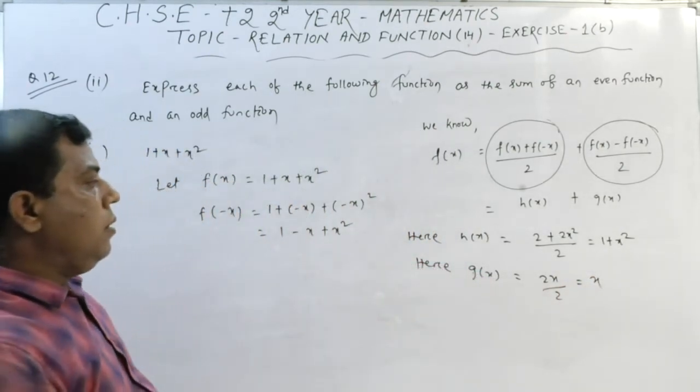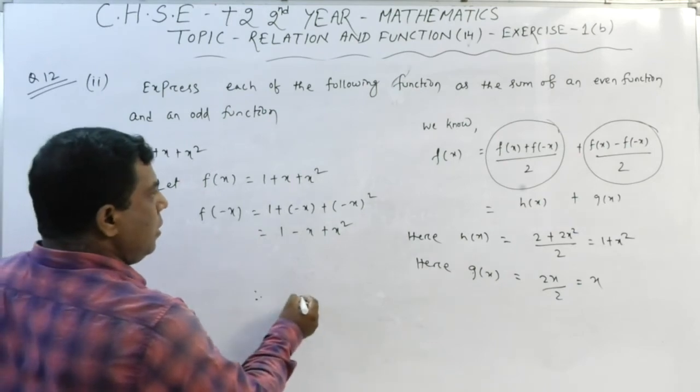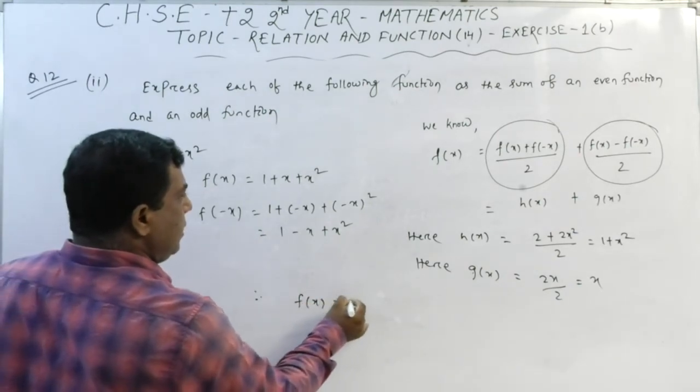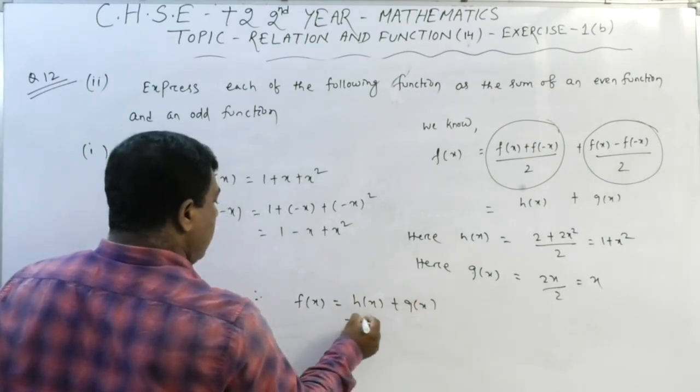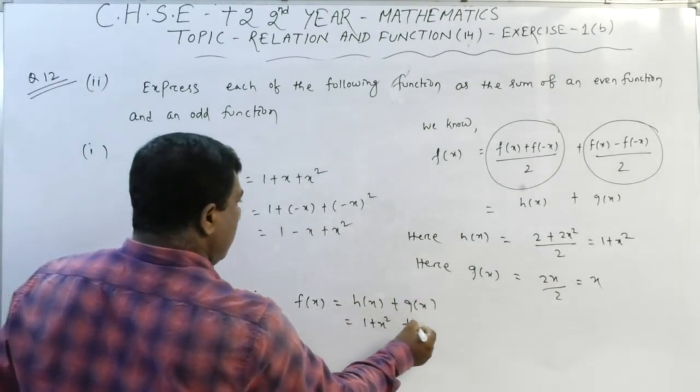Okay. Therefore, f of x can be written as h of x plus g of x, which is equal to 1 plus x square plus x.